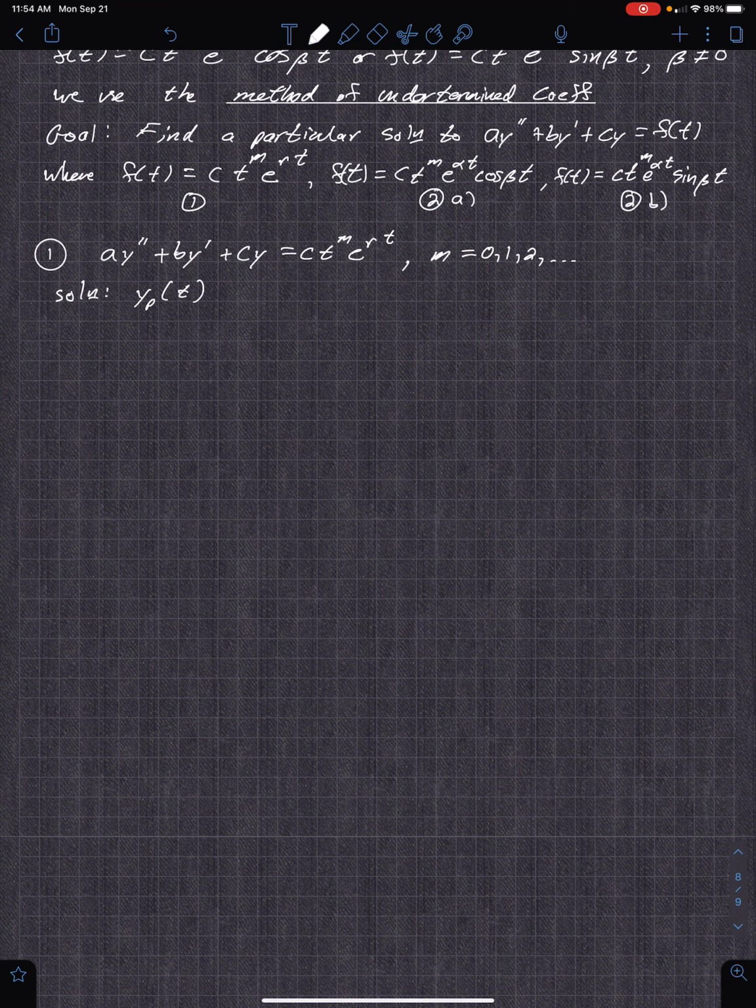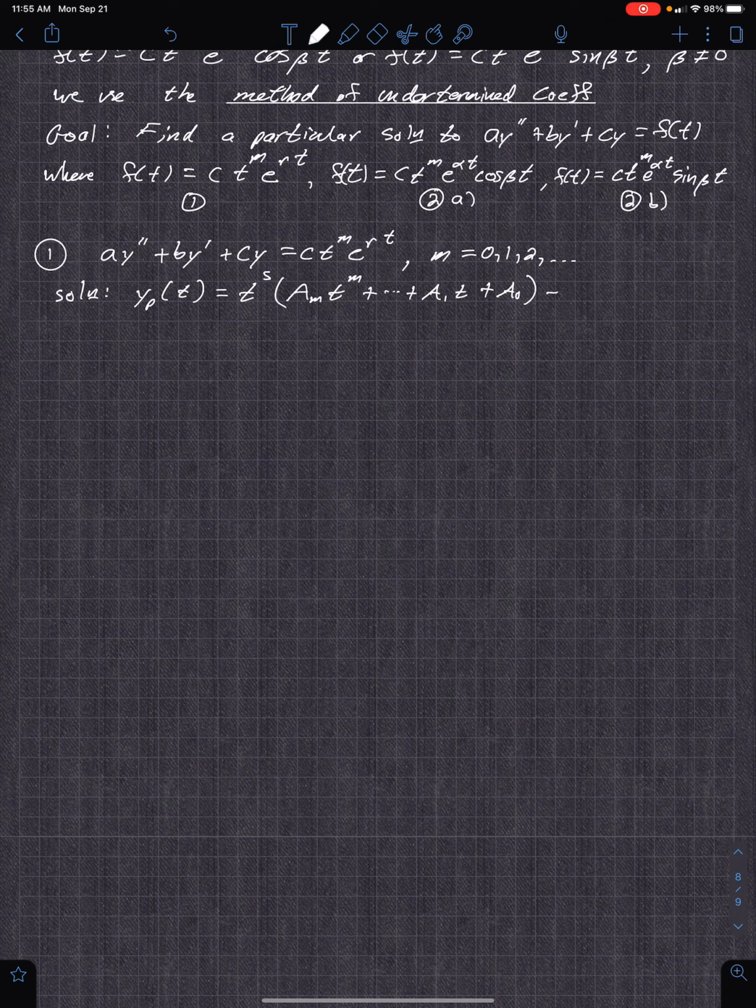So the particular solution y_p of t is equal to t to the s, where s will be either 0, 1, or 2. I'll show you why. Then A sub m, whatever the power is on t to the m, and then the lower degree terms. So this is your polynomial based off of t.